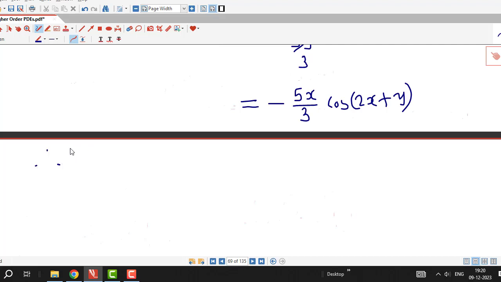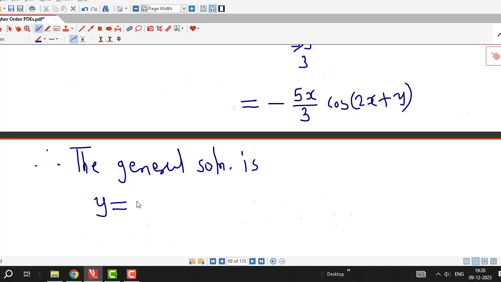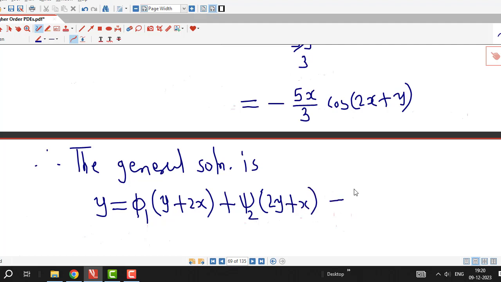So therefore the last step is we always write down general solution is y equal to complementary function, which was arbitrary function of y plus 2x plus arbitrary function of 2y plus x, and this particular integral is minus 5x by 3 cosine of 2x plus y, where this phi1 and psi2 are arbitrary functions.